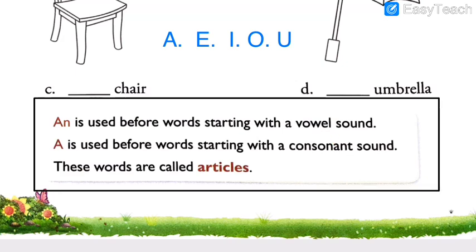Any word which starts with any of these alphabets, you have to put an before it. What is consonant? In your English you have 26 alphabets, A to Z. If you remove A, E, I, O, U, the remaining ones are consonants. Isn't that simple? Yes, it is very simple.